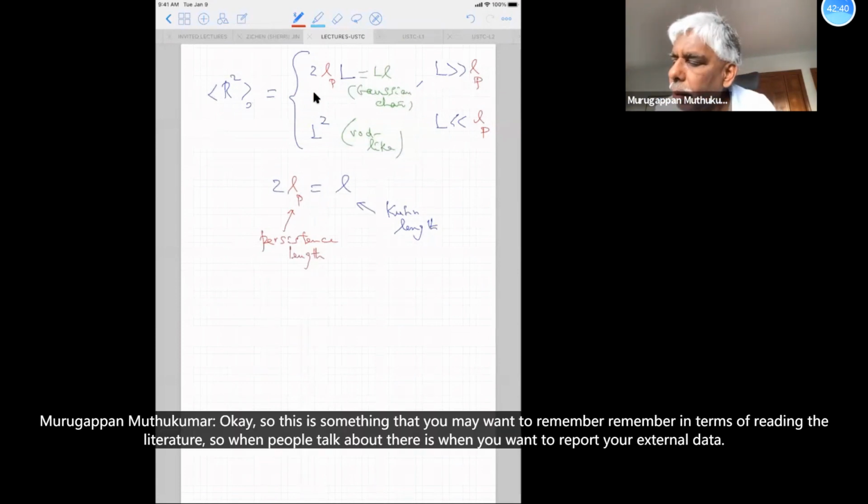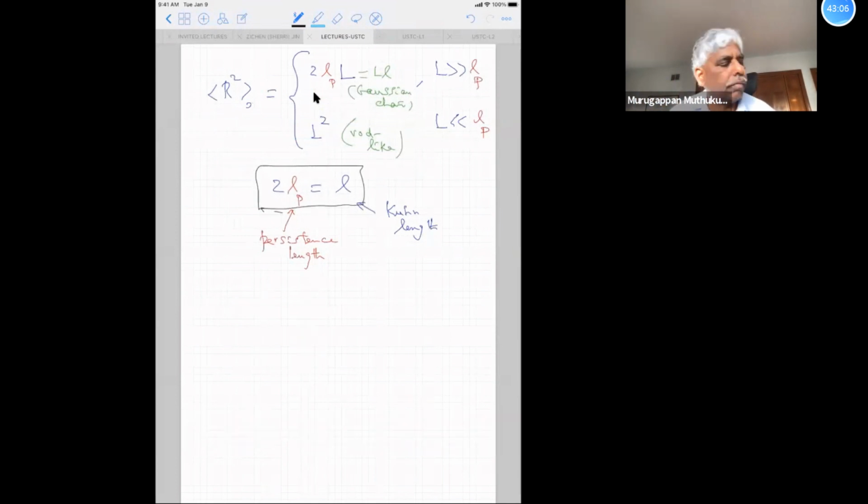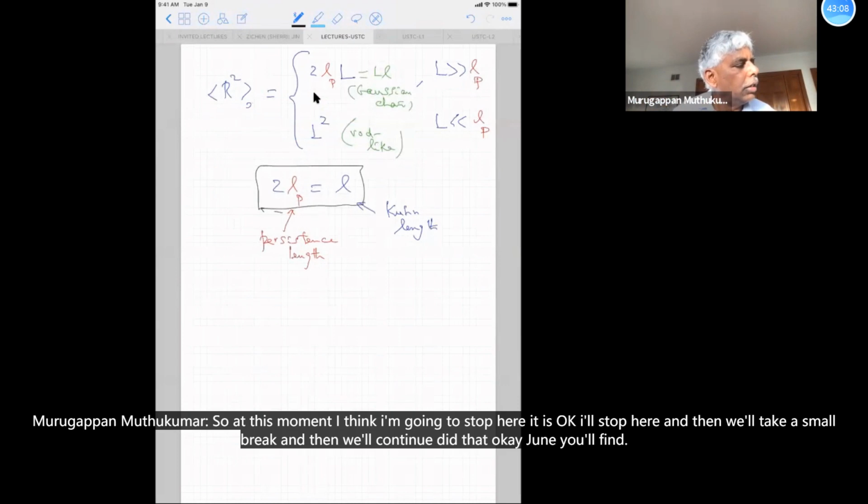This is something that you may want to remember in terms of reading the literature. When you want to report your SAXS data or appreciate somebody else's SAXS data, you can think about what is the Kuhn length, what is the persistence length. Once you know the Kuhn length, it also tells you how much along the backbone of the chain you have persistence of bond orientation. So at this moment, I think I'm going to stop here.